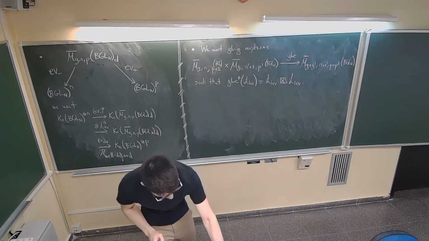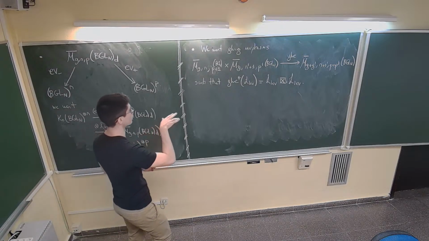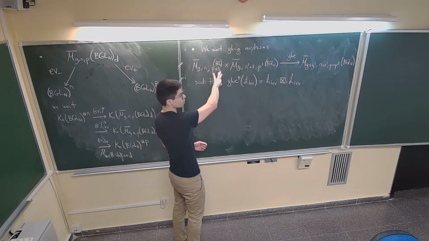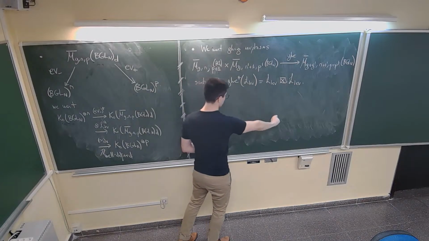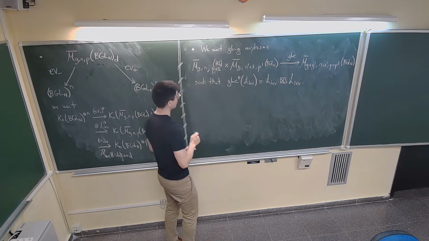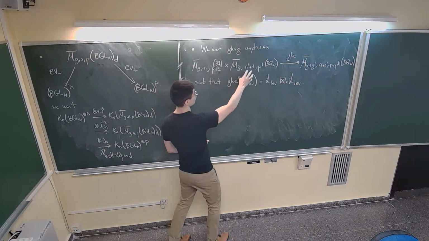So the whole point of these gluing morphisms is I'm only going to be able to glue an output to an input. If I'm thinking of going output to input in this well-defined thing, the only thing that I'm going to be allowed to do is to glue an output marking to an input marking.